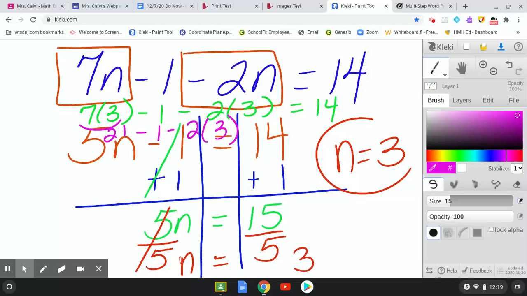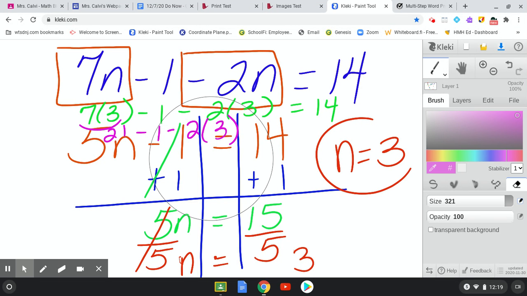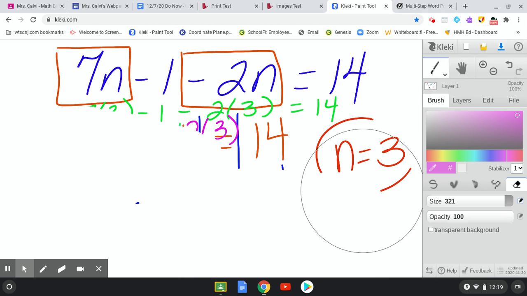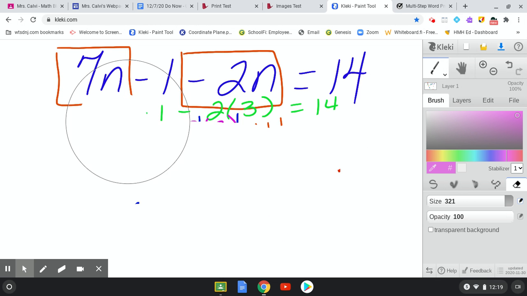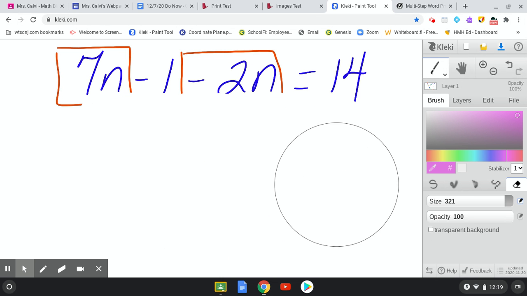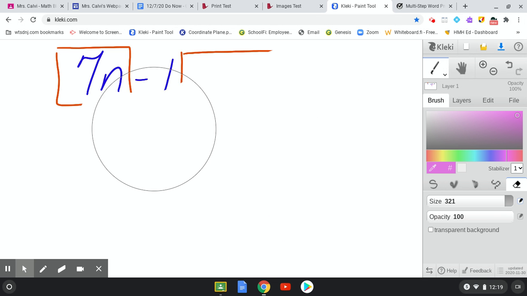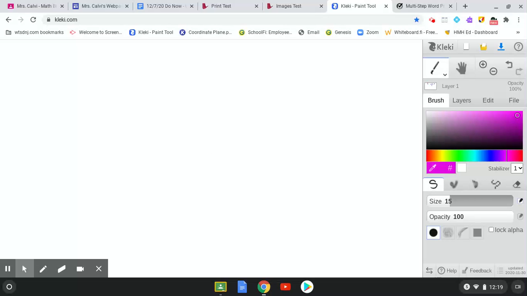It's kind of sloppy because I'm writing over it. Let me erase this so you can see it a little bit better. Let me just rewrite the whole problem.